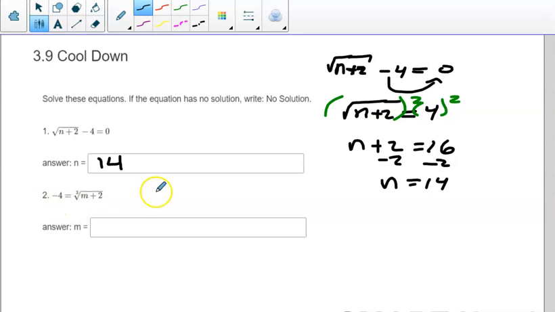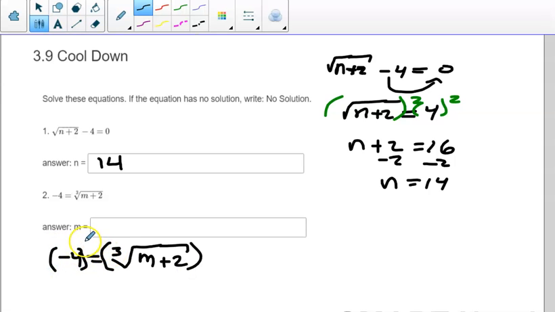Question number 2. Here we have -4 equals the cube root of m plus 2. The cube root is already isolated, so I could go ahead and cube both sides.